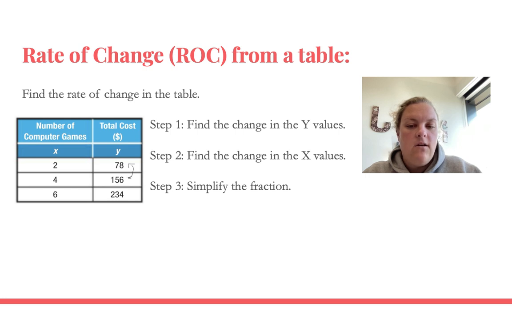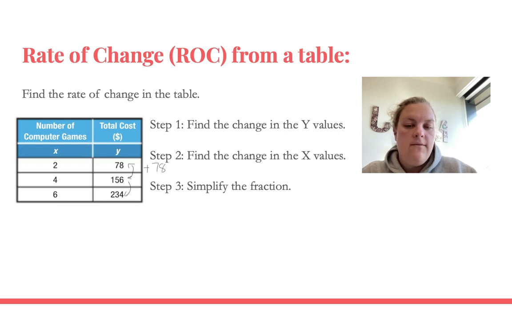In this case, to go from 78 to 156, you can take your calculator out and do some subtraction. And you will see that they are adding the same value each time, and it's 78. So to go from 78 to 156, they are adding 78 each time.